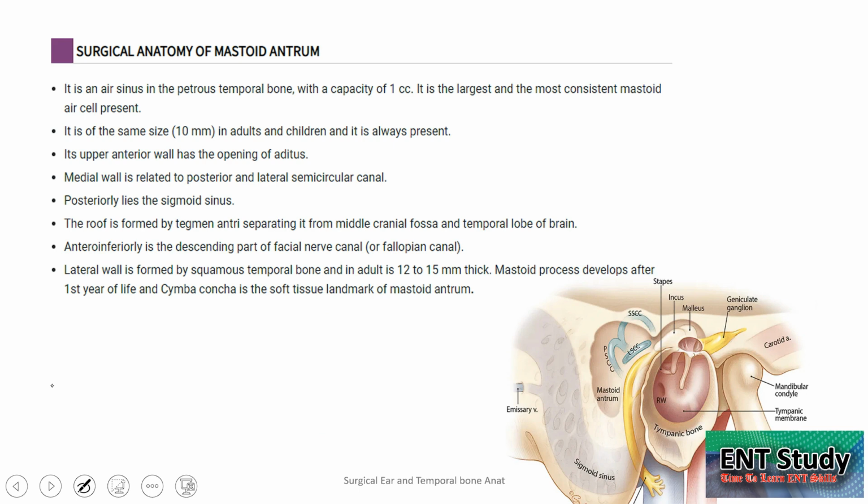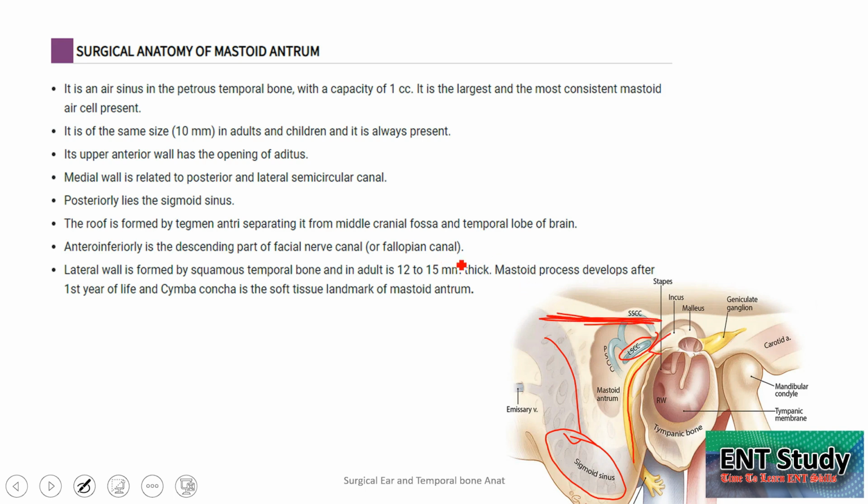The slide shows some of the important landmarks of the mastoid antrum. Posteriorly, we could see the sigmoid sinus running posteriorly and inferiorly. Anteriorly, we have the descending vertical part of the facial nerve. Anterior superiorly, we have the bony canals, which are the semicircular canals, and the short process of the incus.